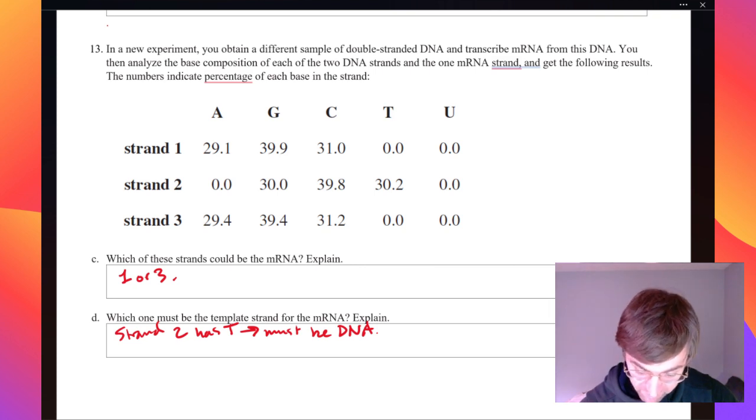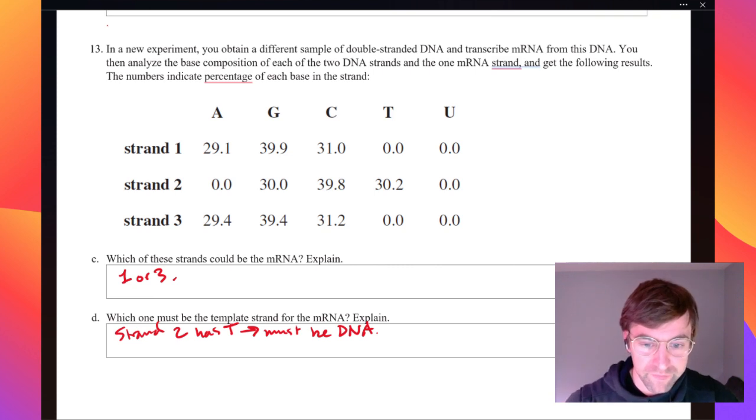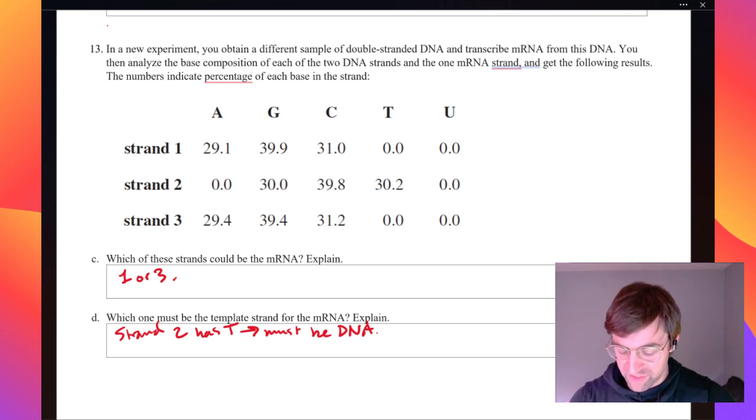It looks like either one could. It must also be the template strand for the mRNA because it is complementary to both strands 1 and 3. Oh, strand 2 has to be. It has to be the template strand because it is DNA.